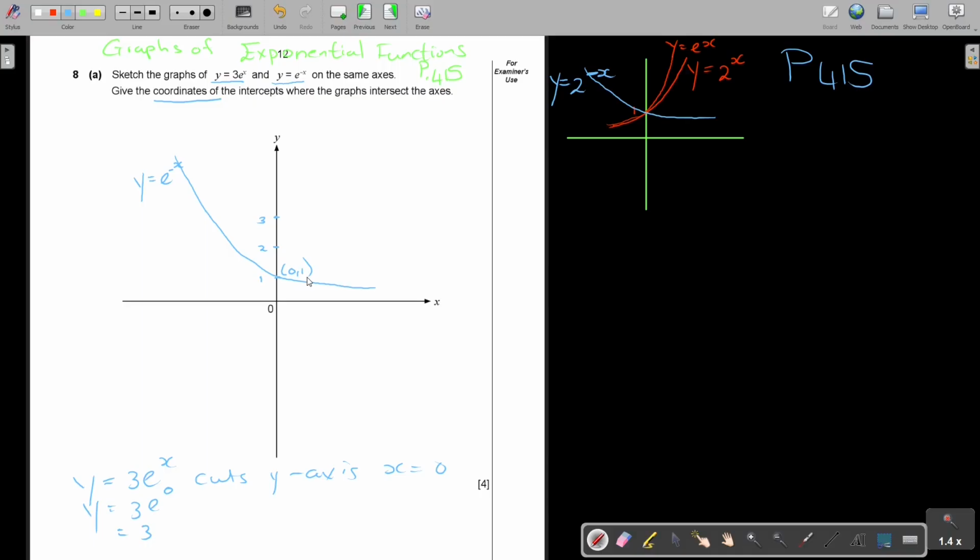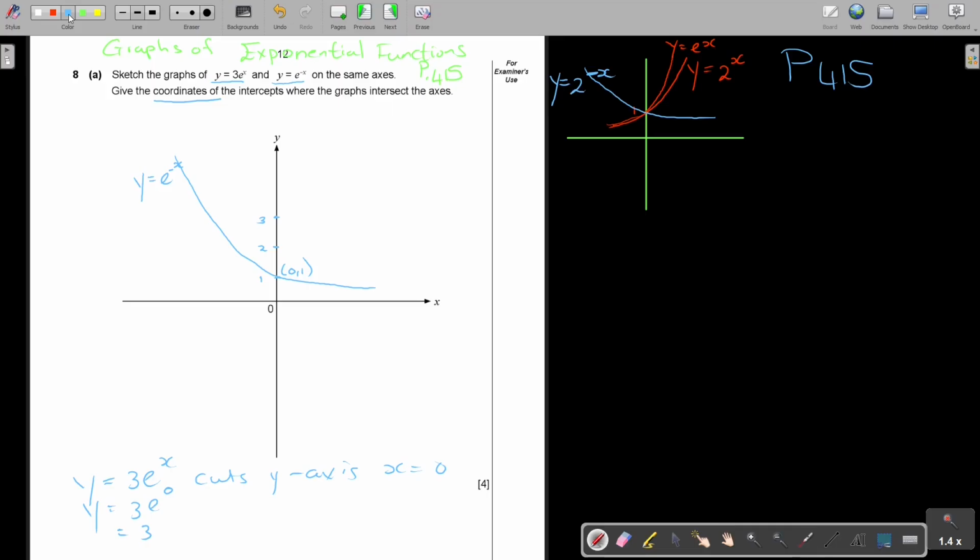Okay, so this one, if it was y equals e to the power of x, it would have been just the reflection in the y-axis. But now, due to the fact that it's times 3, it's exactly the same, but just moving up 3 units.